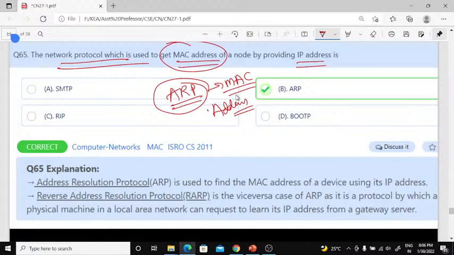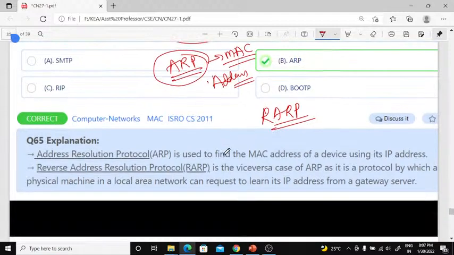RARP, Reverse Address Resolution Protocol, is the vice versa of ARP, in which a physical machine in a local area network can request to learn its IP address from the gateway server.